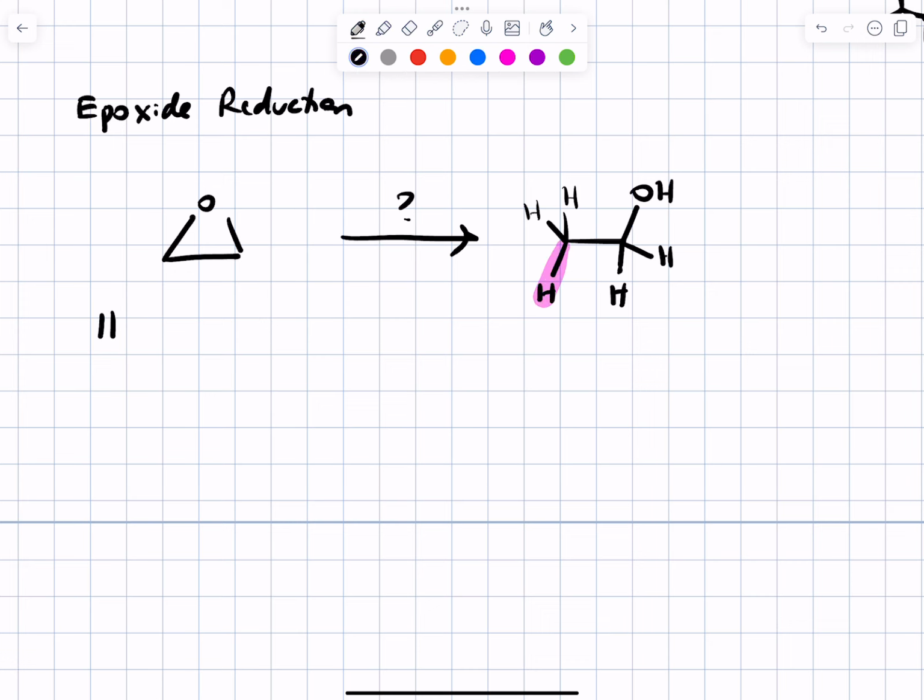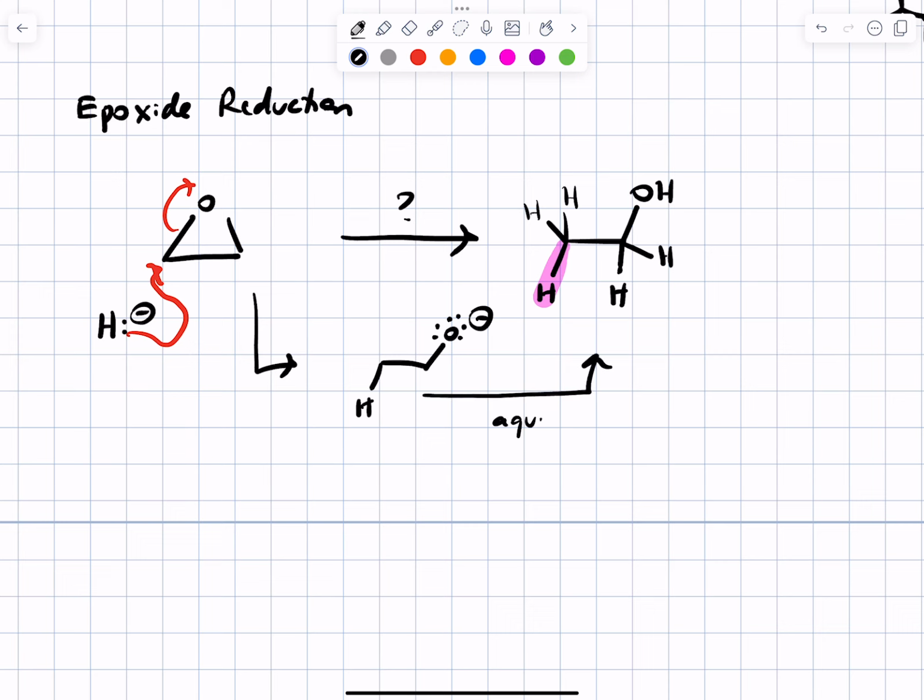Why can't I just have H minus go like this? That would give me an intermediate that looked like this with a negatively charged oxygen. And then when I do aqueous workup and add water, I can neutralize that negatively charged oxygen like this to get my alcohol product.